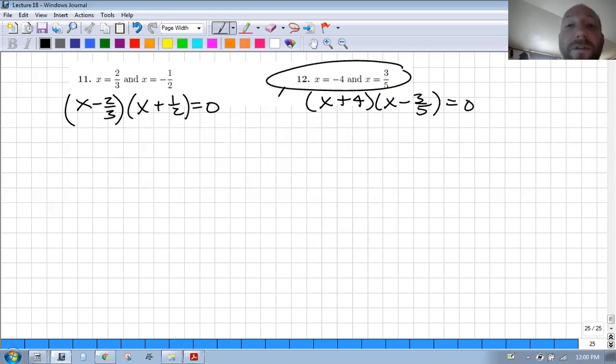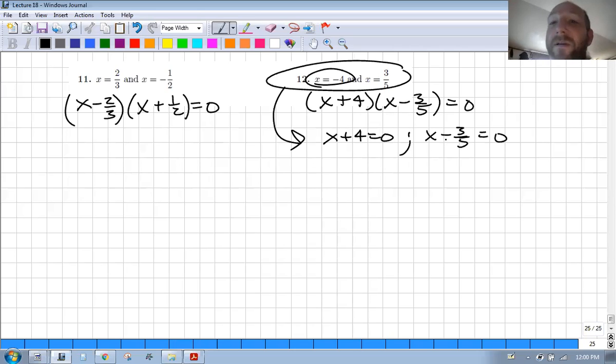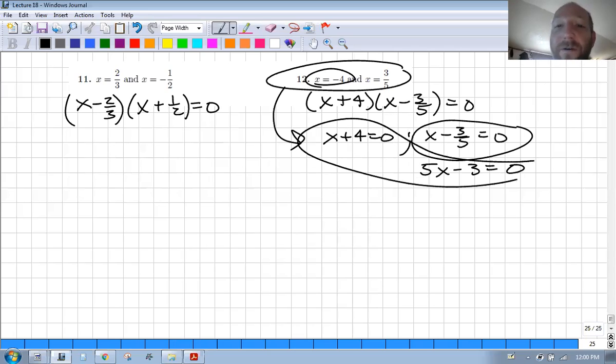This one, they might want you to do it differently. They might say either x plus 4 is 0 or x minus 3/5 is 0. If you take this and multiply everything by 5, you got that. So if you did it this way, you'd say x plus 4 times 5x minus 3.